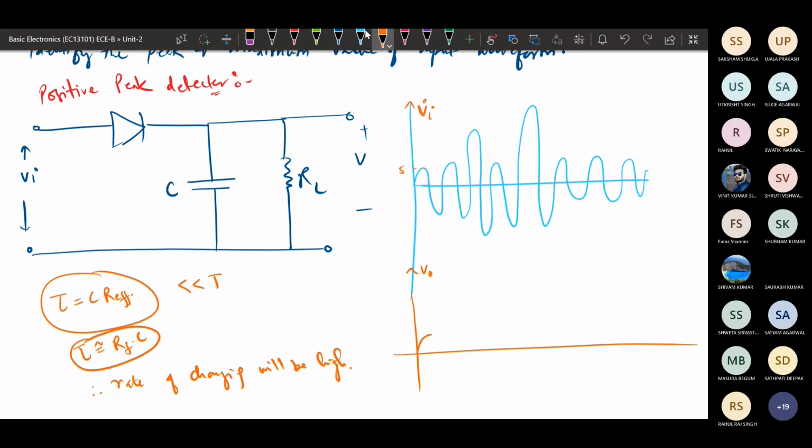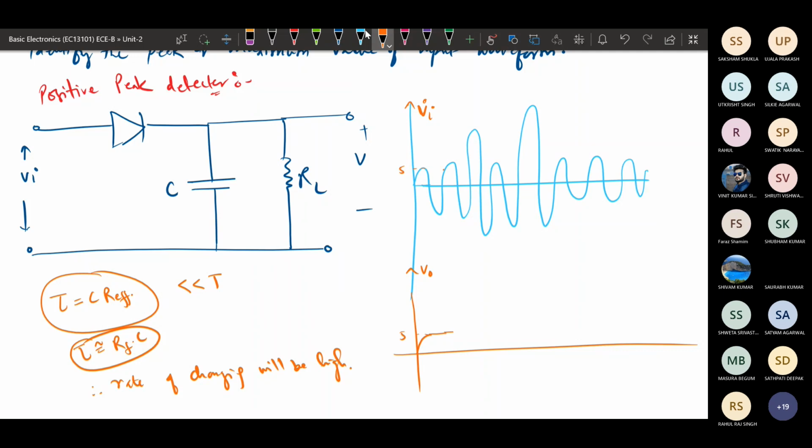The output is directly connected to the capacitor voltage, so once it is charged to 5 volt, the output will remain at 5 volt. Even if the input changes to the negative direction, the capacitor will not discharge because the discharging rate is very low. So the capacitor behaves like a constant voltage source, and we get a constant voltage till this point.